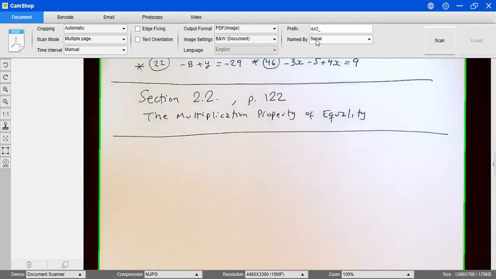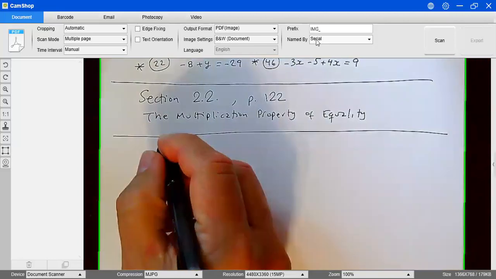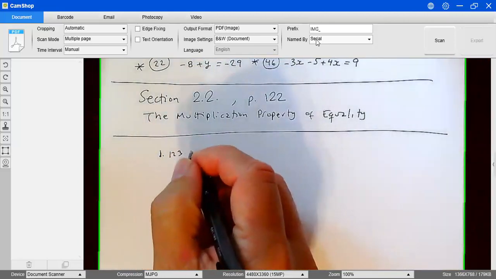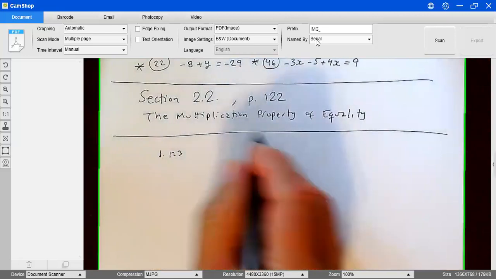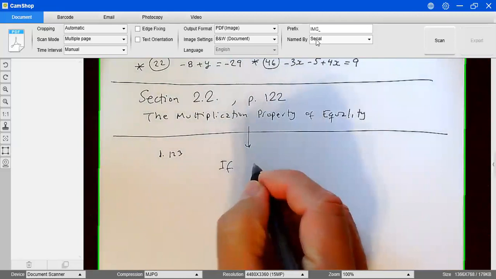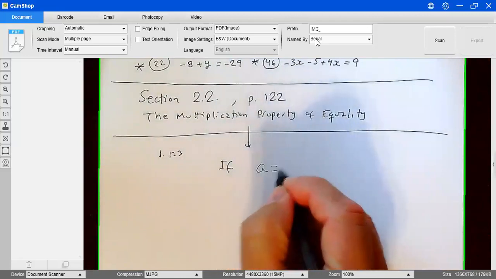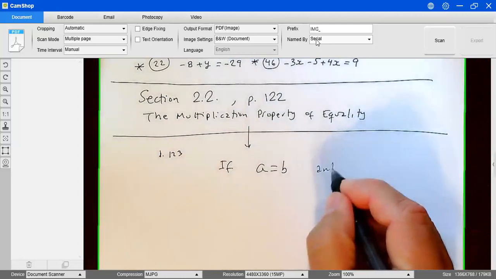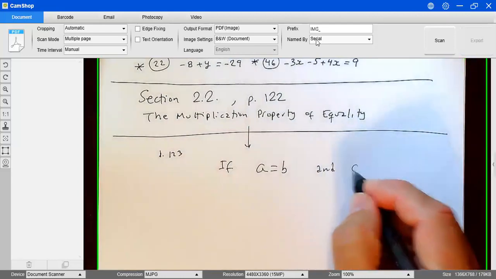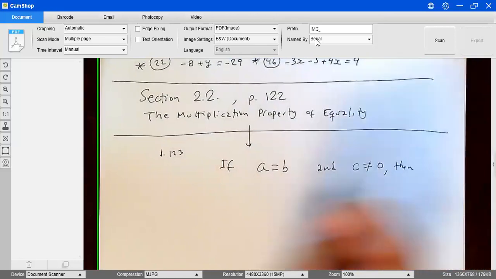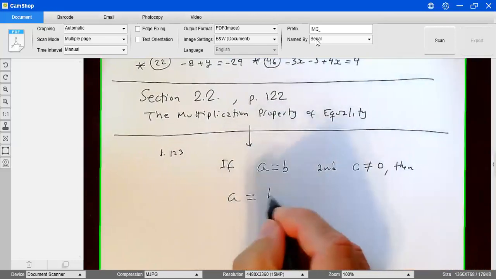So we're going to write this. It's on page 123, and it's just the multiplication property. It says that if A equals B, so that's my original equation, and we have a number C that is different than 0, then we can multiply both sides of the equation by that number.